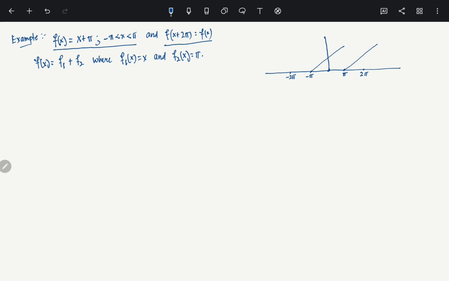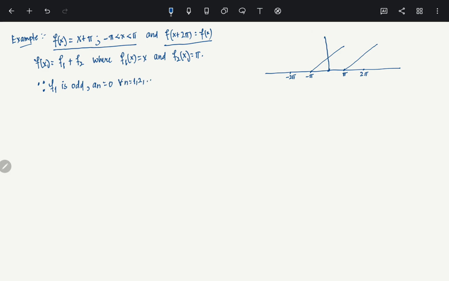Okay, so what we are going to do is essentially, first of all, let's just find out this thing for the function f1. What is the Fourier series, right? Okay, so see f1 of x is x, so f1 is an odd function. Since f1 is odd, an's are going to be 0 for all n equals 1, 2.